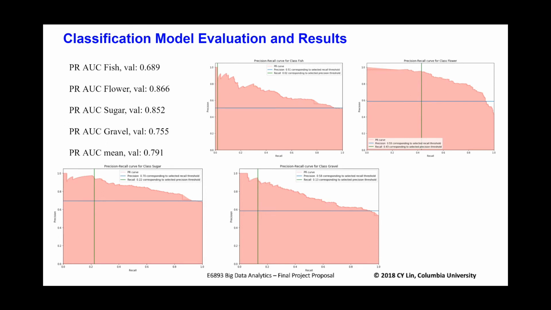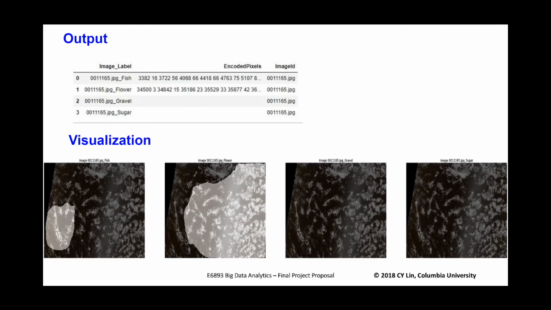This is the precision recall plot for each class of cloud for the post-processing model, and the best model we have achieved a mean area under the precision recall curve of 0.791. Our output of UNet will produce the encoded pixels for each type of cloud in an image, and below is the visualization of the output encoded pixels.